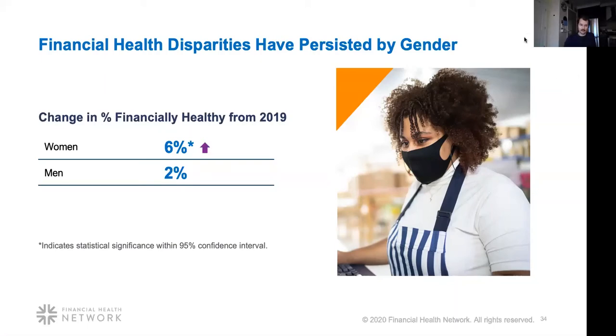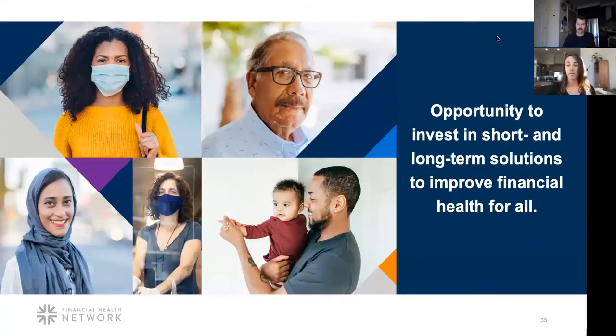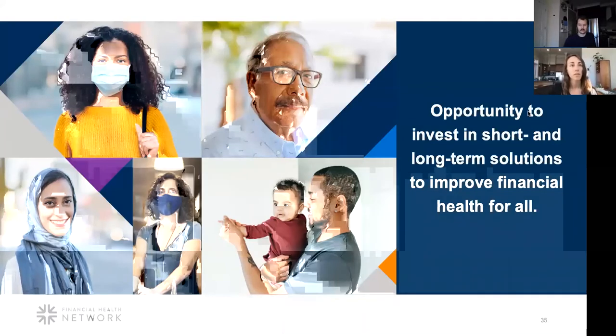And on that note, that points to where we go from here, which we covered in our Pulse report. Given these changes in financial health over the past year and the disparate impact of the COVID-19 pandemic, this demonstrates the need for substantive financial health solutions, especially in light of those past few slides that I just showed you.